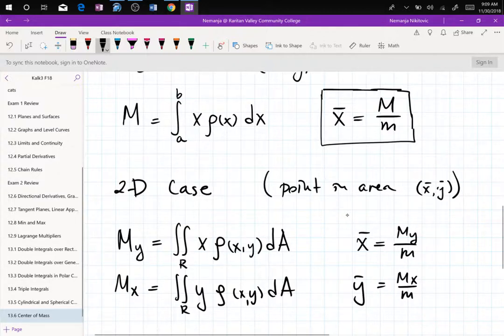Now, you are probably going, wait, hold on, why are you mixing all of this? What do you mean moment about y, and why am I using x over there in the equation? That makes no sense, right? And then x bar is My over m. Look, if I call this the x-axis, then the y-axis is this way.